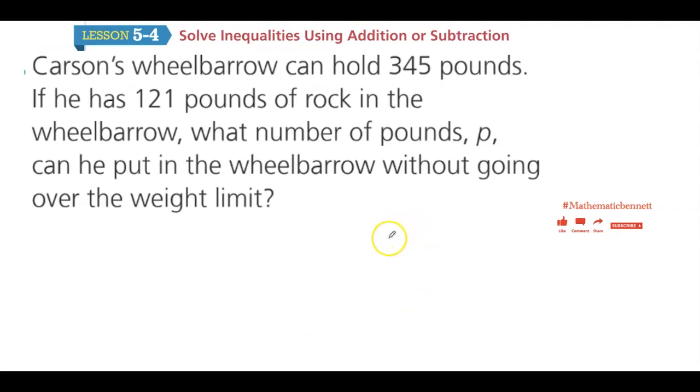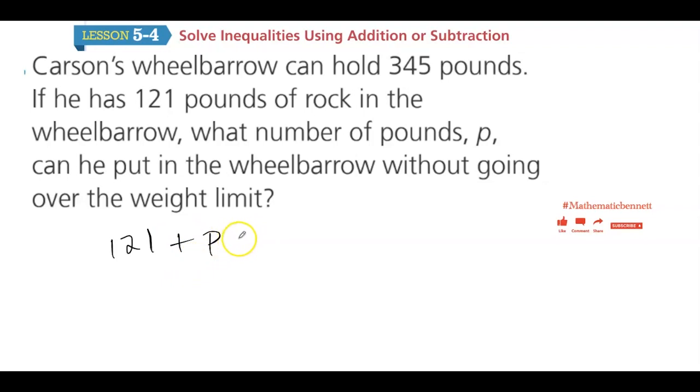Carson's wheelbarrow can hold 345 pounds. If he has 121 pounds of rock in the wheelbarrow, what number of pounds P can he put in the wheelbarrow without going over the limit? So we know that he already has 121 pounds, and he can add P pounds more to it without exceeding.